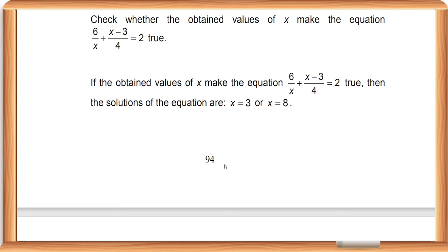So that means bibigyan ko pa rin kayo ng 15 minutes break para makapag-relax yung brain nyo. Ayoko ma-stress yung brain nyo. So sa pagbalik ninyo, we're going to deal with lesson number 6. Okay pa? Gusto nyo bang mag-break or what? Ayaw nyo yatang mag-break. Gusto nyo dire-diretso na?